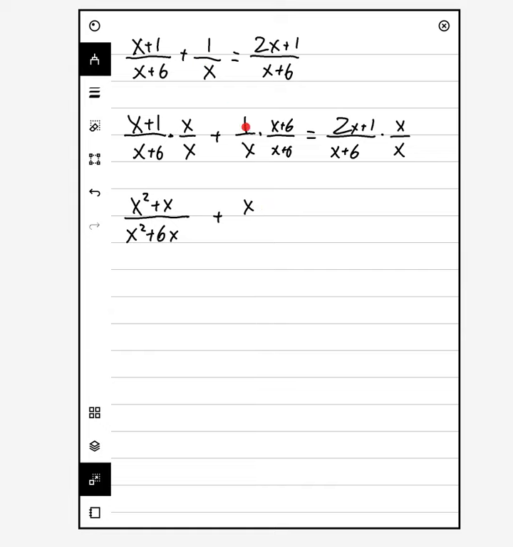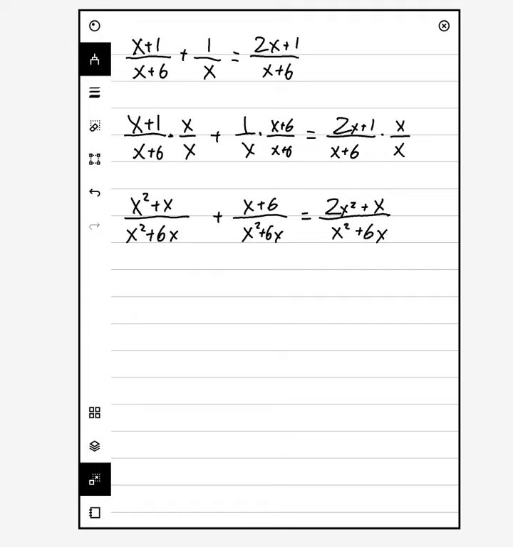The original one was 1 over x. Okay, so we're just going to have x plus 6 on top. And then down below is going to be the same thing as this. So x squared plus 6x is equal to, over here, 2x plus 1 times x is going to give us 2x squared plus x over x squared plus 6x.